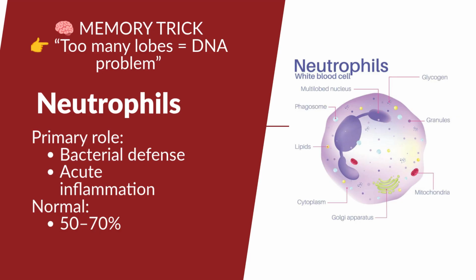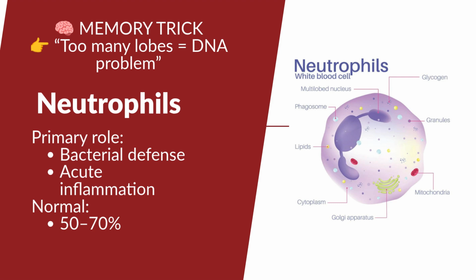All right, and this is a little memory trick. Neutrophils equal neutralize bacteria. What is its main function? It's to engulf bacteria, phagocytosis, and destroy microorganisms. So what else do neutrophils do?